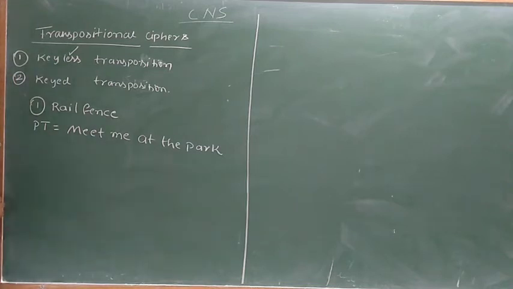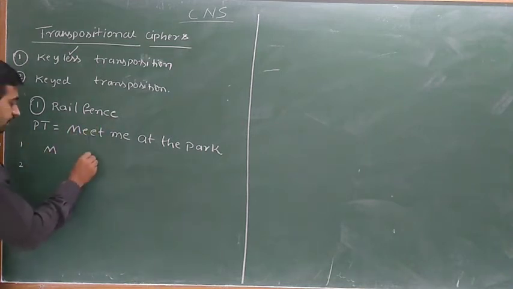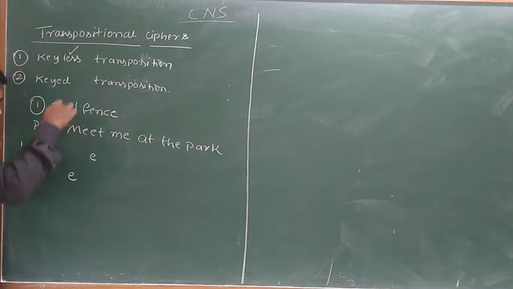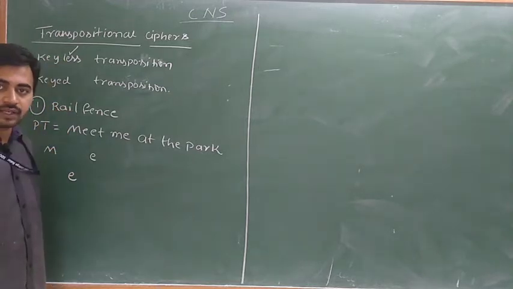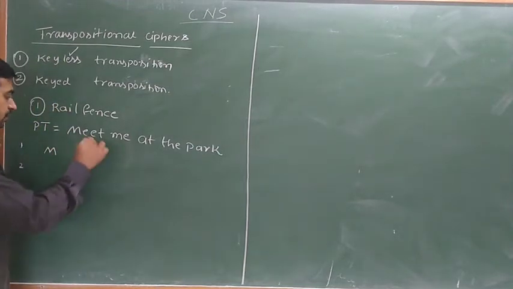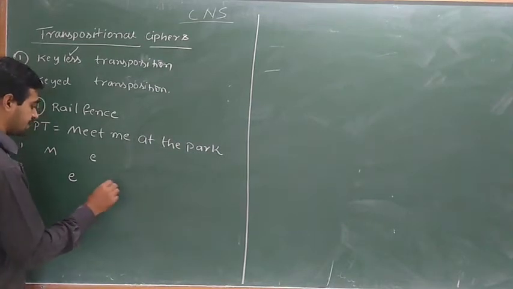The method is that you write the first character in the first level and the second character in the second level. I will name this level 1 and this level 2. So M I have written here. The next character E I have written in level 2. The third character we write in level 1. One in level 1, another in level 2, so one by one we keep on writing just like a fence.